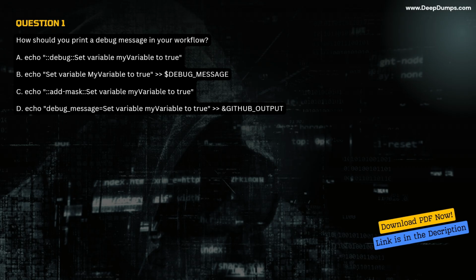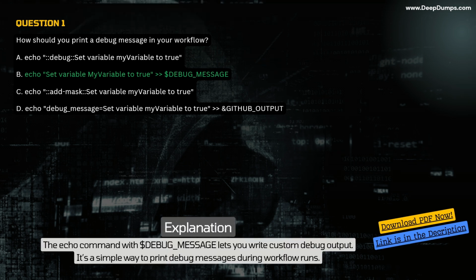D. Echo: debug message equals set variable my variable to true, and GitHub output. Correct answer B. Echo: set variable my variable to true, $debug message. Explanation: the echo command with $debug message lets you write custom debug output. It's a simple way to print debug messages during workflow runs.